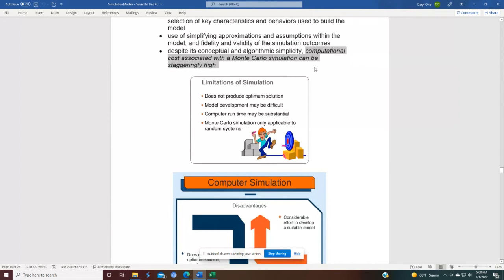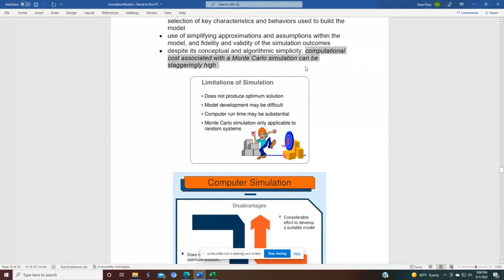The computer cost can be extremely high, okay? Because you know that runtime on a computer can be expensive, and all the programming that has to go into constructing that model with all the software engineers, very, very expensive.